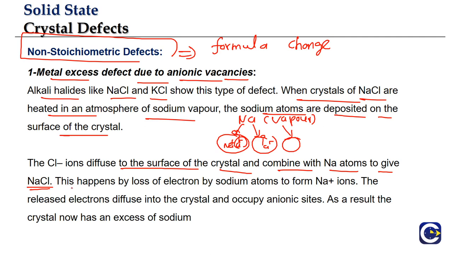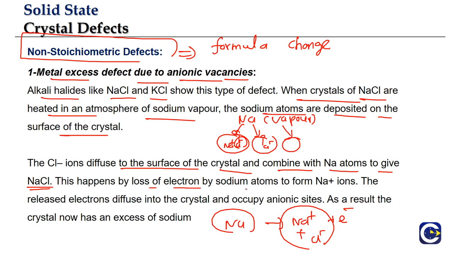Now when this is happening, if the sodium has to form Na plus, then only it can combine with Cl minus. So only this will be able to combine with Cl minus to form NaCl. The sodium must be losing electrons to become Na plus, and these electrons that are released will be diffusing into the crystal and they will occupy the previous site.